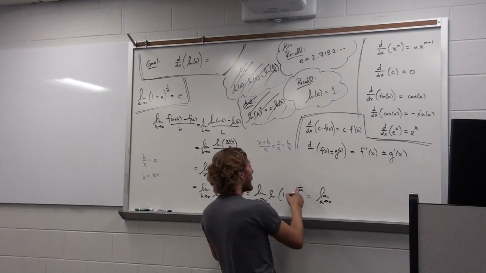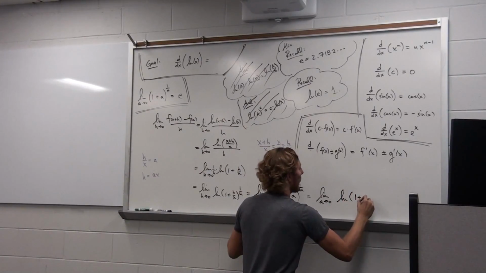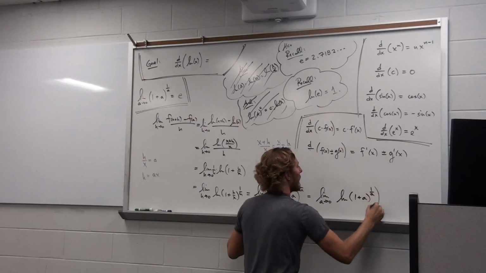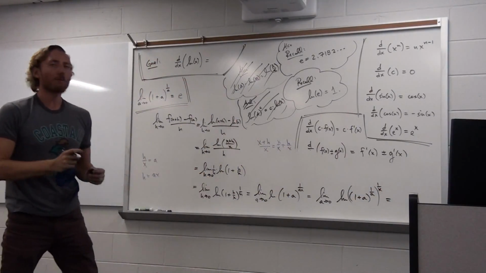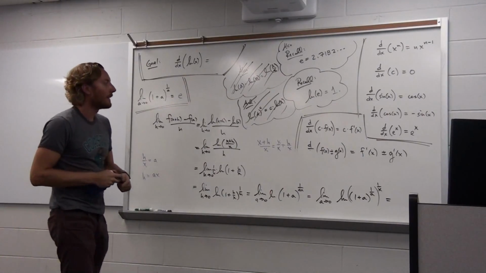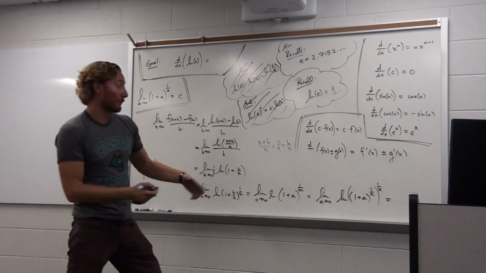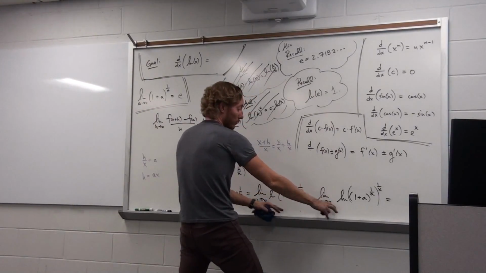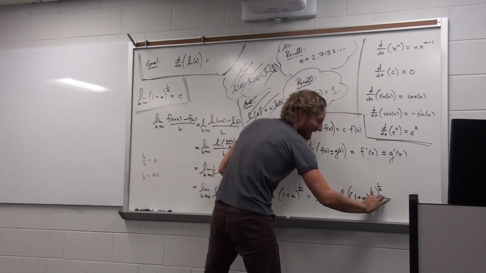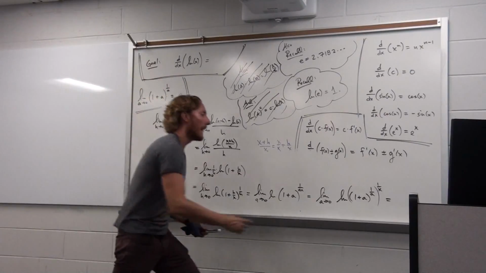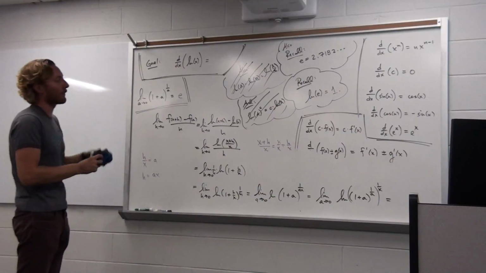So if we take this 1 over ax and rewrite it as 1 over a raised to the 1 over x, it's the same thing, just written in a different form. When you have 1 over ax, that is just 1 over a times 1 over x, and when you have a power raised to a power, you multiply the exponents, which would get you to the 1 over ax that we have written to the left there.